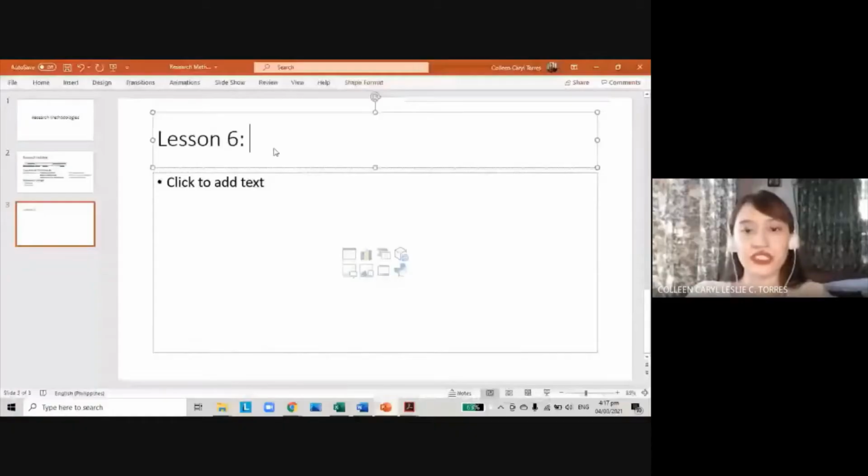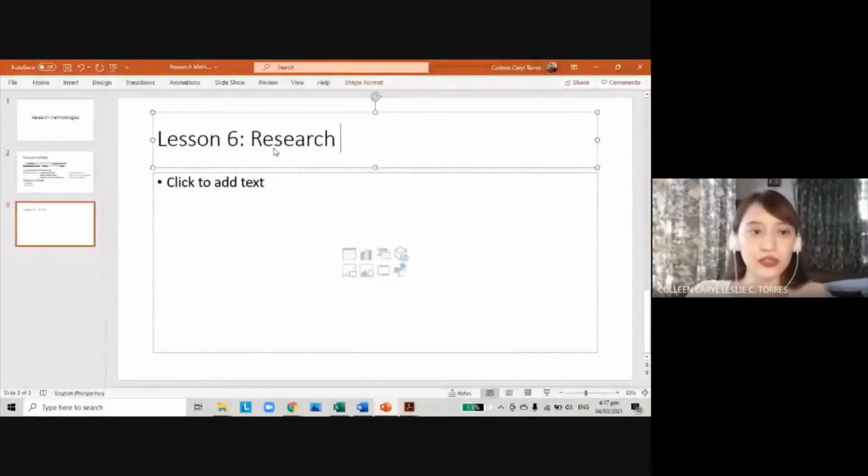We're going to continue the discussion on research design, theoretical framework and conceptual framework. I think this is already lesson 6 now, which is research methodology, or rather research designs.